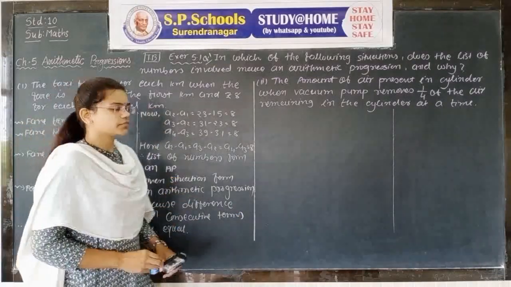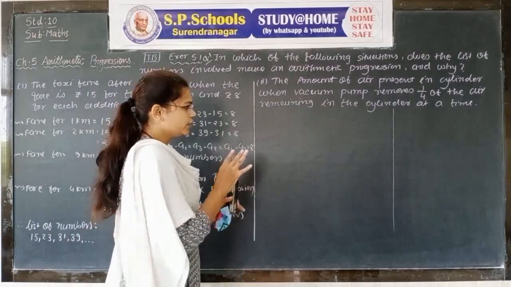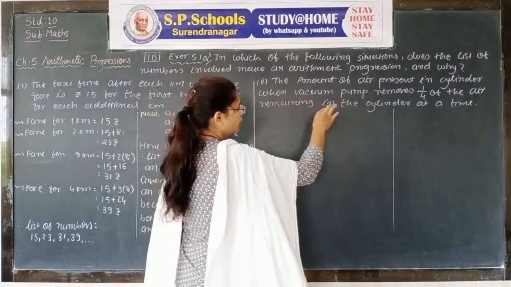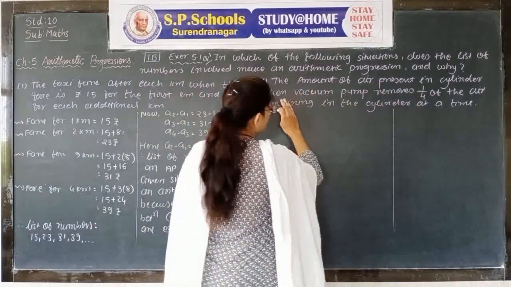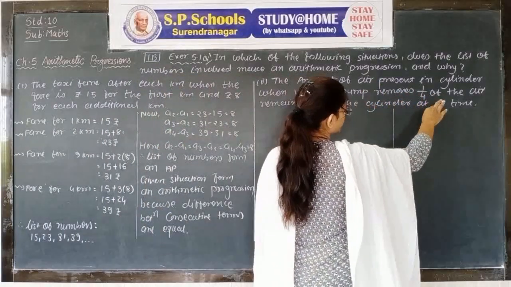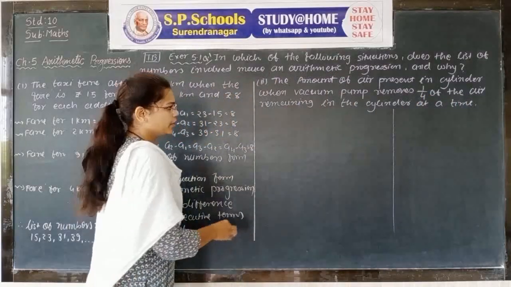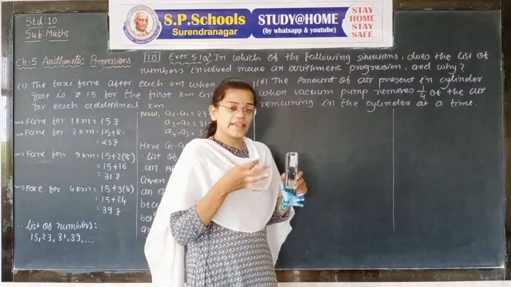Now we see the next 4 different types of situations given. The second one: the amount of air present in a cylinder when a vacuum pump removes 1/4 of the air remaining in the cylinder at a time. Initially we don't know the air in the cylinder.